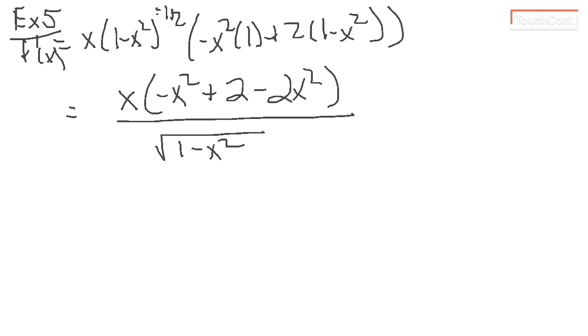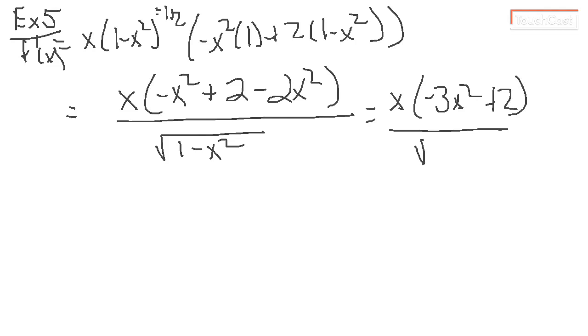So I'm almost done. I can combine some stuff up in my numerator, so I can have x times negative 3x squared plus 2 all over the square root of 1 minus x squared. And then I'm going to distribute my x.